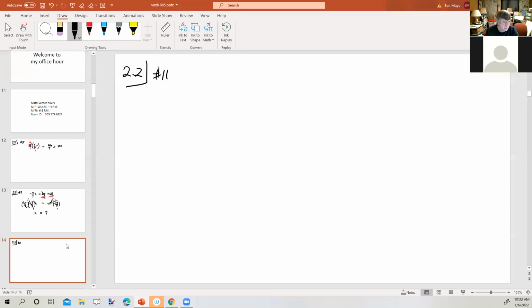Here we have an equation with multiple fractions: 1/28 x minus 6/7 equals 3/4. The first thing I'm going to do is clear the fractions. The least common denominator of 28, 7, and 4 is 28.